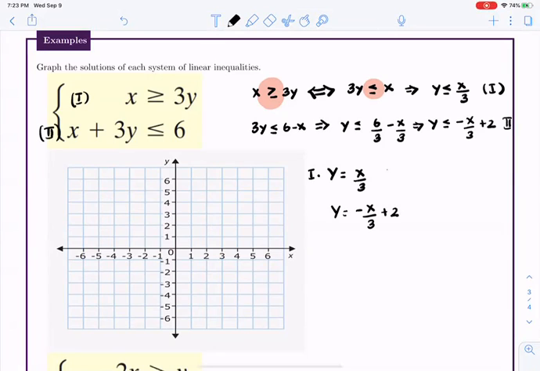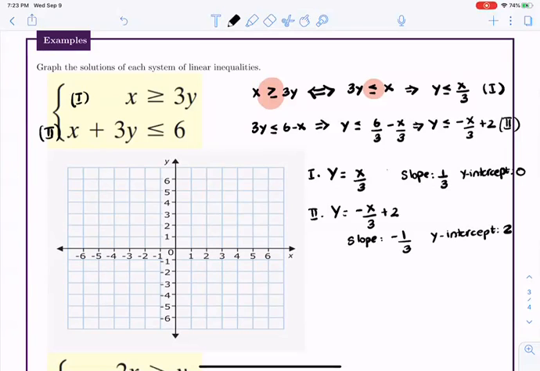So that would be number 2, and that's number 2. So the slope of the first one is 1 over 3, and the y-intercept is 0. For the second equation, the slope is negative 1 over 3, and the y-intercept is 2.